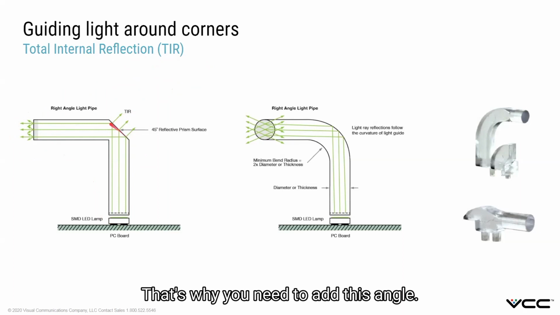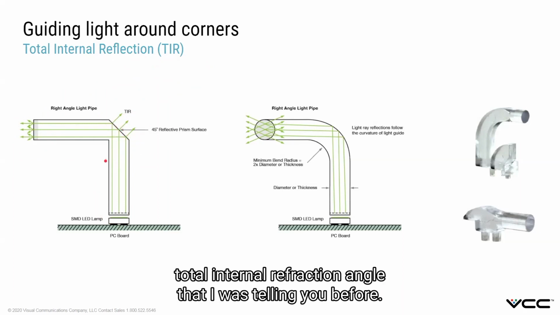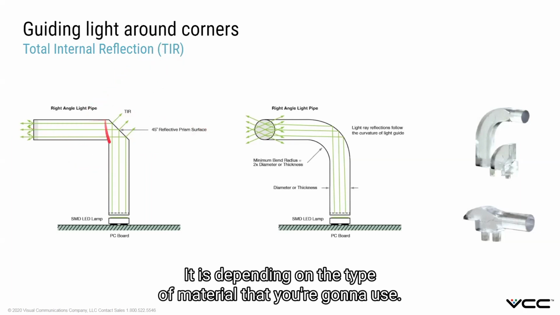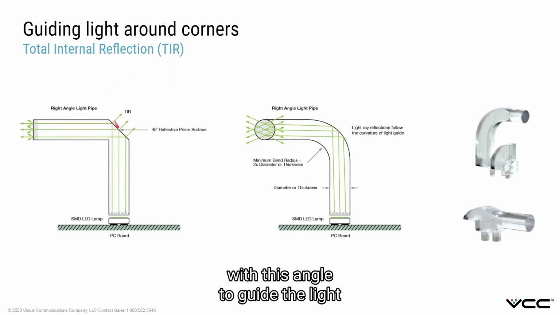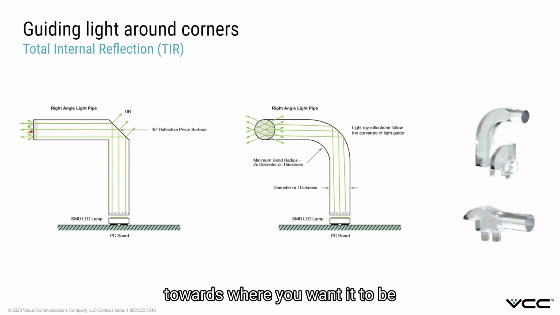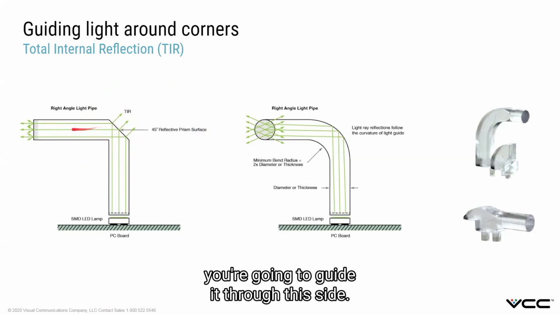That's why you need to add this angle. And this angle has to do with the total internal reflection angle that I was telling you before, and it depends on the type of material that you're going to use. So you need to play with this angle to guide the light towards where you want it to be. Still, you're going to have some light here that is going to escape, but it's going to be minimal, because again, you're going to guide it through this side.